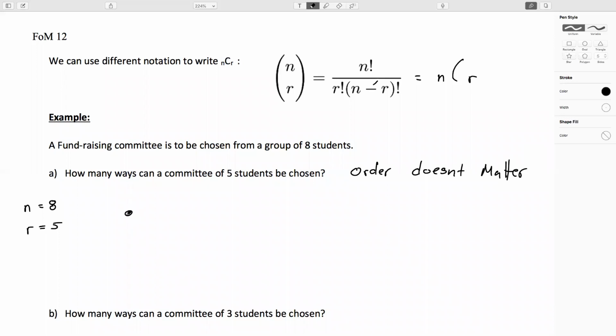It's 8 choose 5, except it's going to be written this way this time. That's going to equal 8 factorial over 5 factorial times 8 minus 5 factorial, which is going to equal 56 ways.